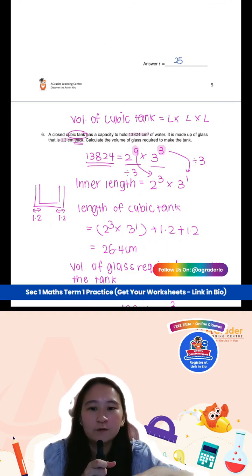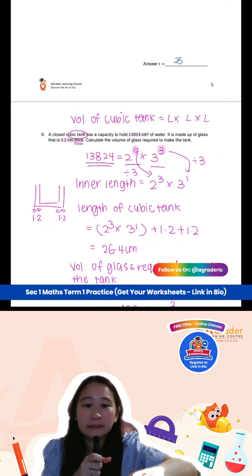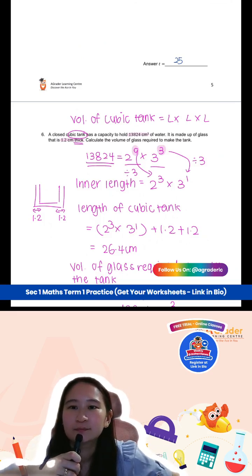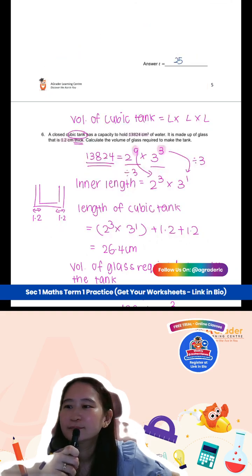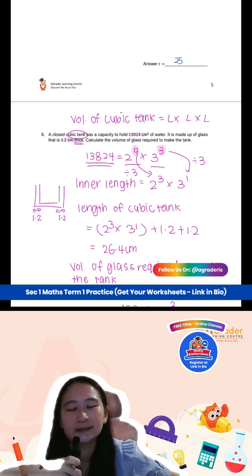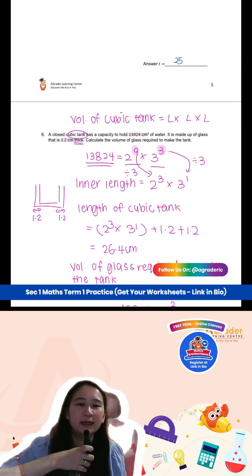Because you're finding the volume. So volume is length times length times length. Yes, a cubic tank has the same height, same length, and same breadth.